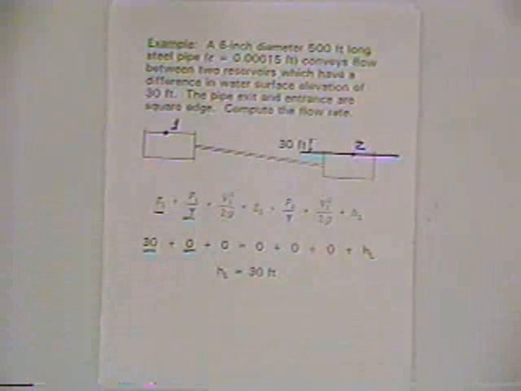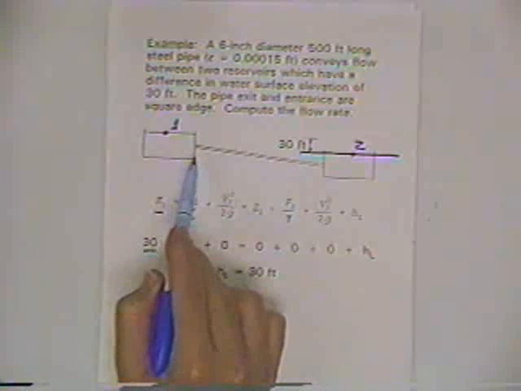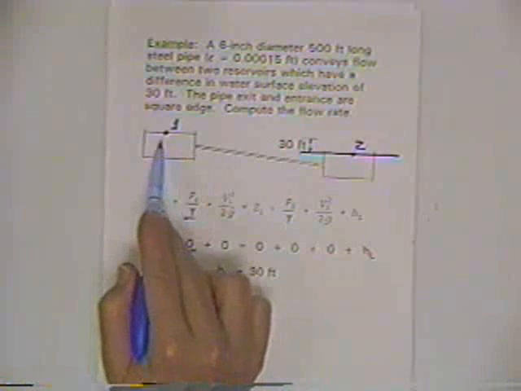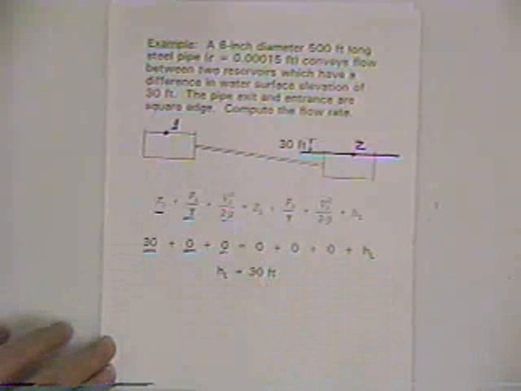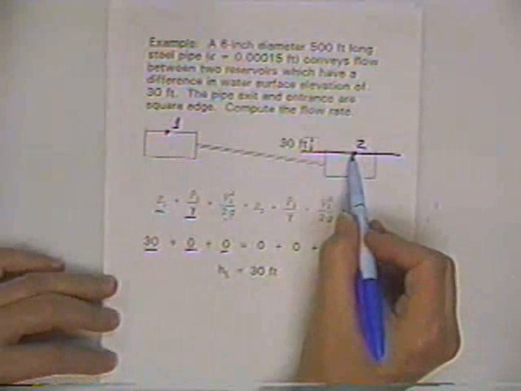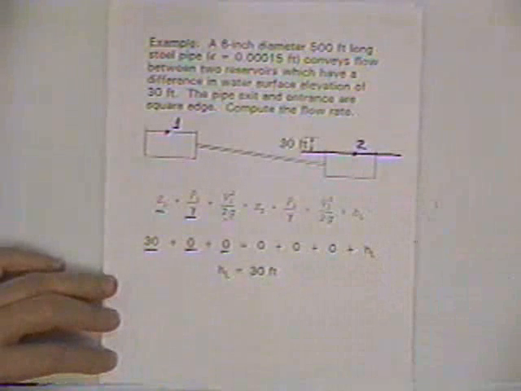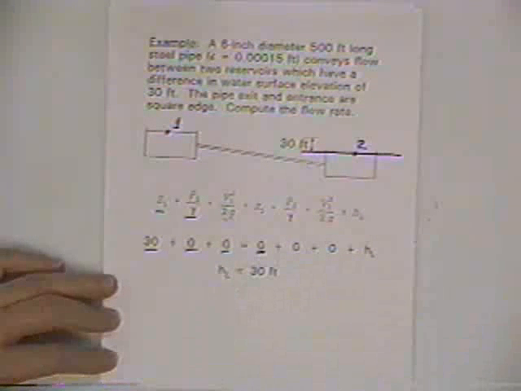Now, we make an assumption that's very common and quite allowable: when you've got a storage tank, even though water's flowing out, we assume 0 velocity here. And so the velocity head there will be 0. And when we come here, the reference datum takes us right through the water surface. We set that up for convenience, and so we have an elevation head of 0.